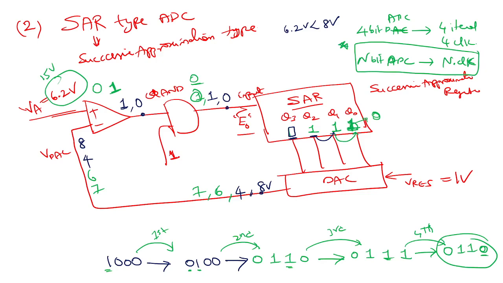Here, the complexity is involved in the design of SAR, and it also depends on circuit elements like the comparator. How good the comparator is will decide the performance of this SAR type ADC. Are you guys clear?